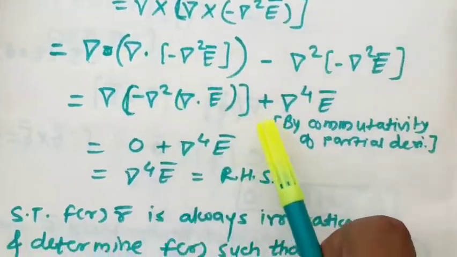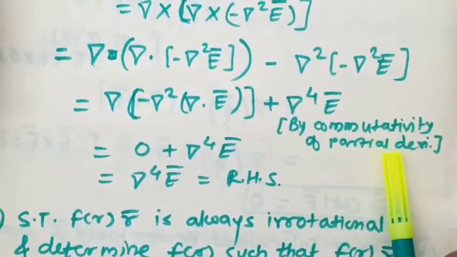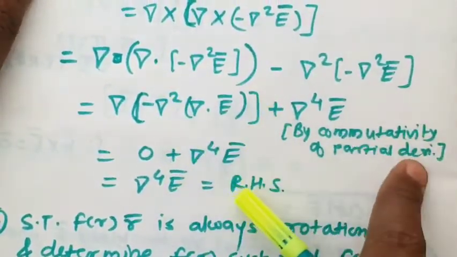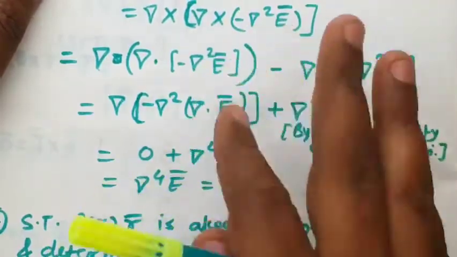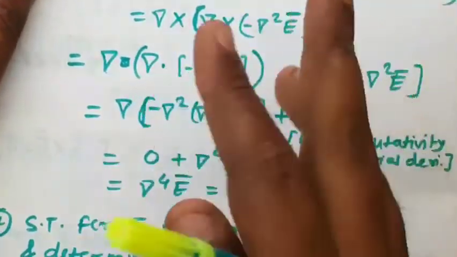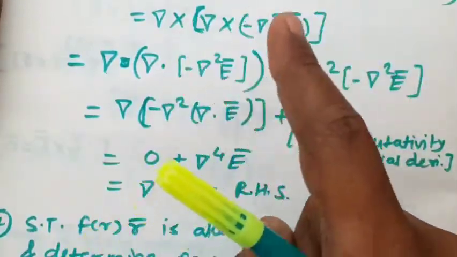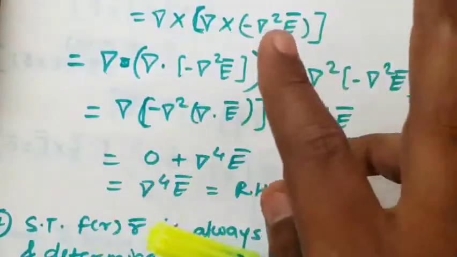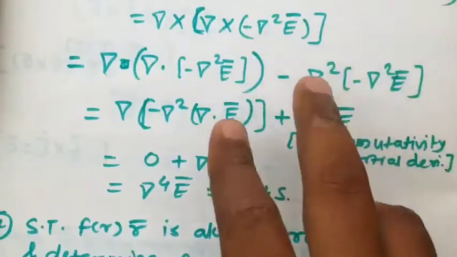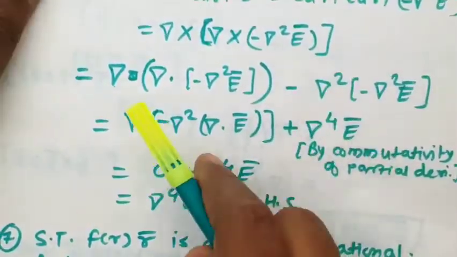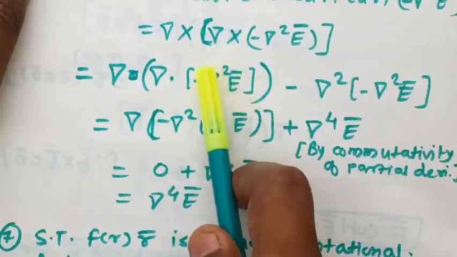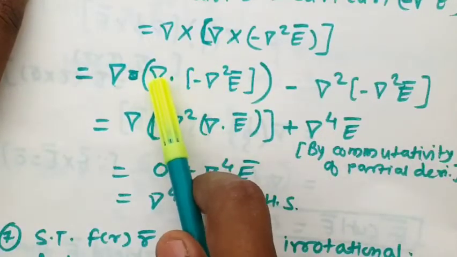Now first term, you see, by using the commutative property of partial differentiation, partial derivatives are commutative in nature, means you can change the position of the variables. Even if you write del 2 u by del x del y and del 2 u by del y del x, both are same. So by using that result, we can take this minus del square outside and this del inside.